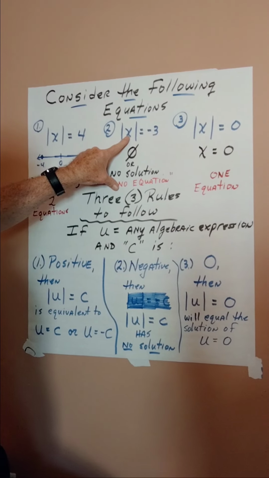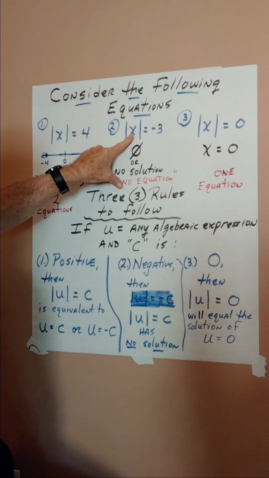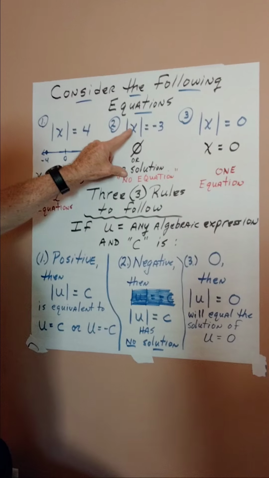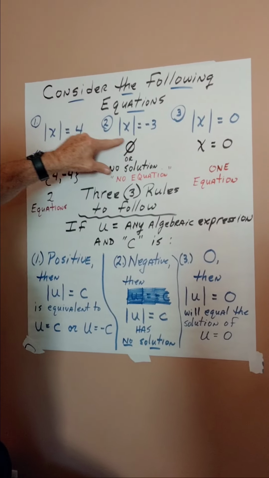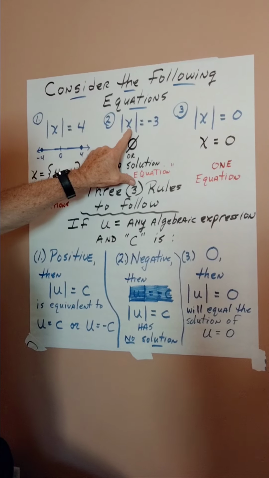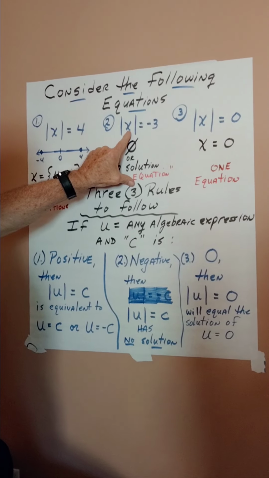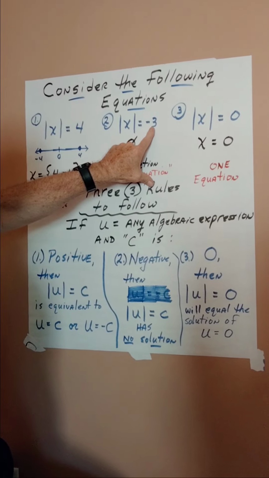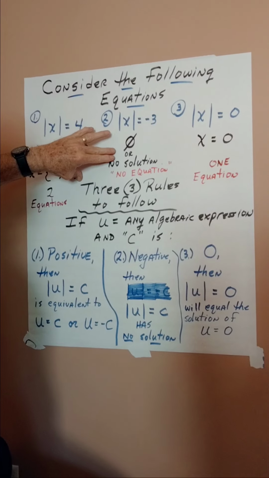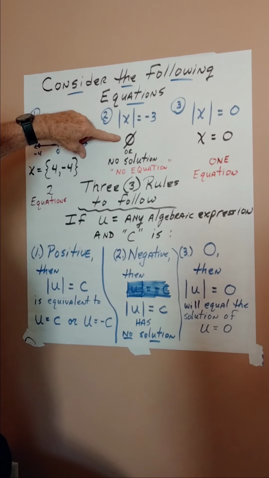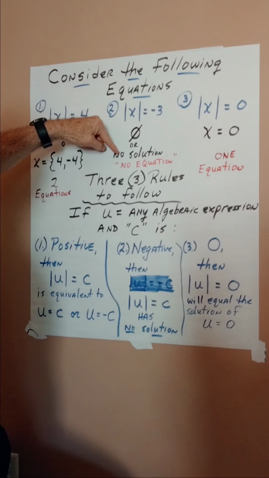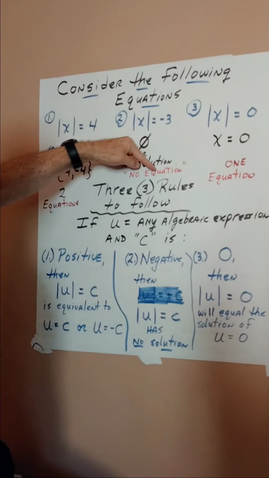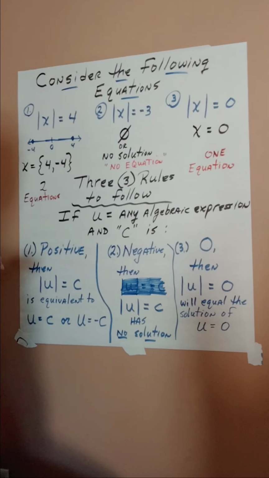A distance is either going to be positive or 0, but it cannot equal a negative. So when we consider equation number 2, the absolute value of x is equal to a negative number, there is no work. The solution is the empty set, or no solution.